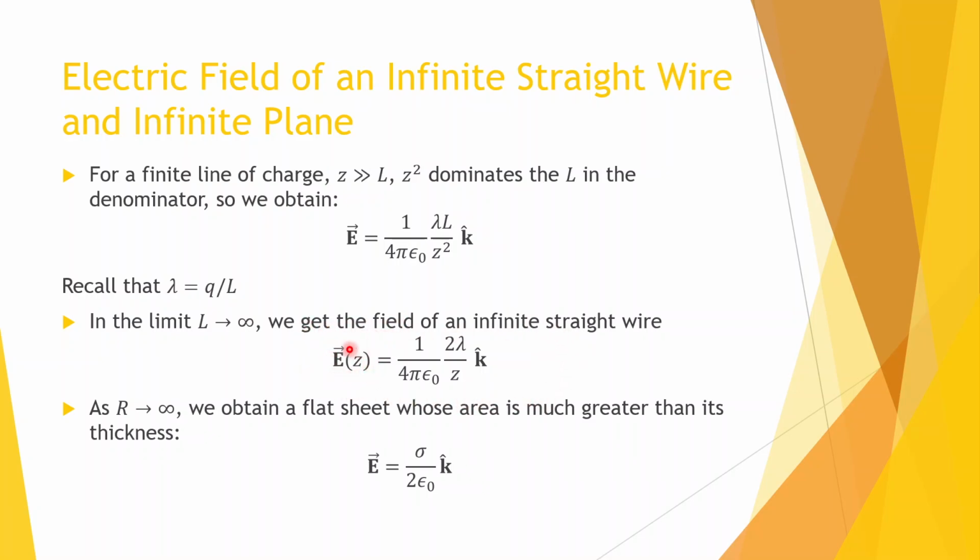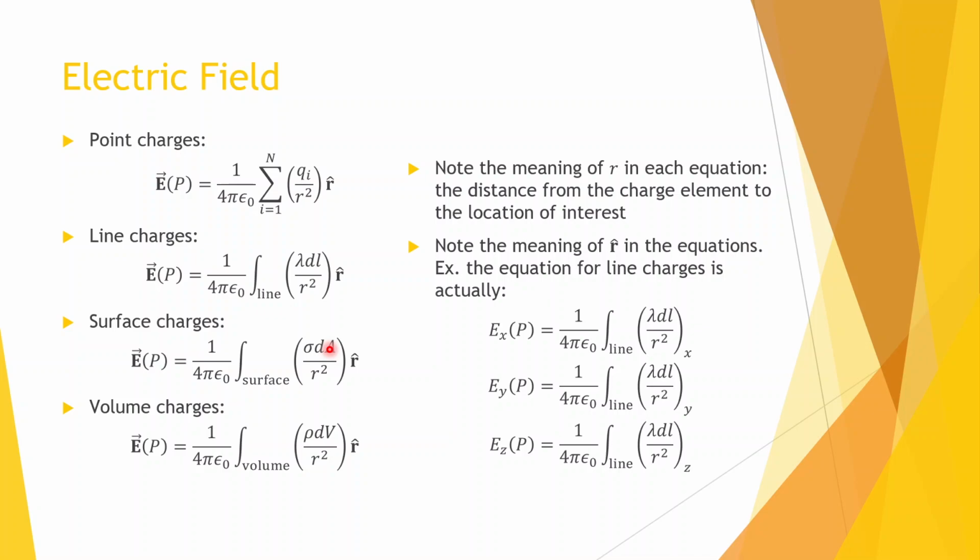So the electric field in one dimension, let's say z, is going to be 1 over 4 pi epsilon naught times 2 lambda over z, okay? Again, z is that distance, right? If we go back, that meaning is going to be the distance from the charge to the location of interest, okay? And we will look at examples in person. I think that'll be a lot easier for us to do.